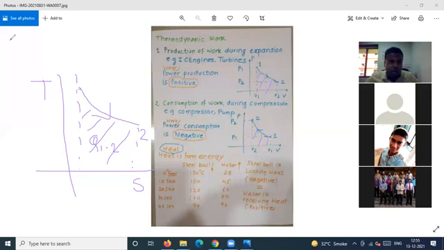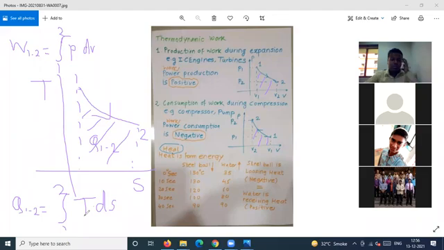I'll just show you the formula. Work done during process 1-2 is given by the integration of PdV for the process 1-2. Similarly, heat transfer during process 1-2 is given by the integration of TdS for process 1-2.